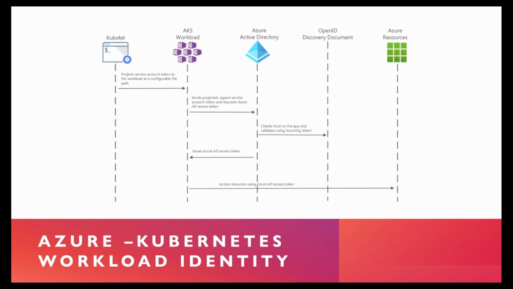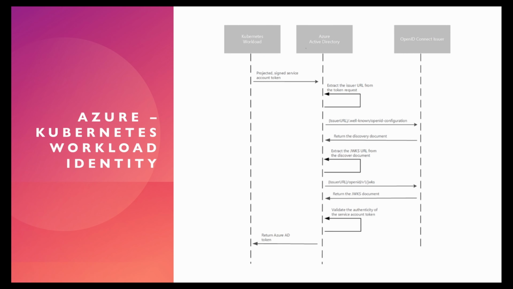So if a deployment tries to create an access request to, for example, the SQL database, as long as the OIDC issuer that is going to be set up through the managed identity has the proper permission, it will be able to access it. Quite the contrary, if we try to access a resource that is not part of the managed identity RBAC configuration, of course it's going to reject that request.